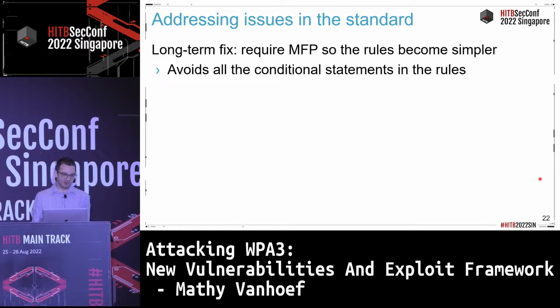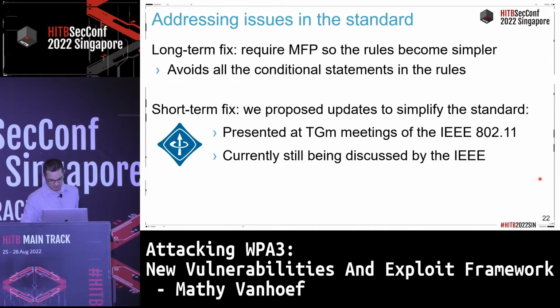So in a sense, this is a dream for maybe in 10 years. What can we do in the meantime? In the meantime, we can update the standards to make these rules more clear. And that's exactly what we did. We presented some updates to these standards at IEEE meetings, and hopefully they will be adopted.